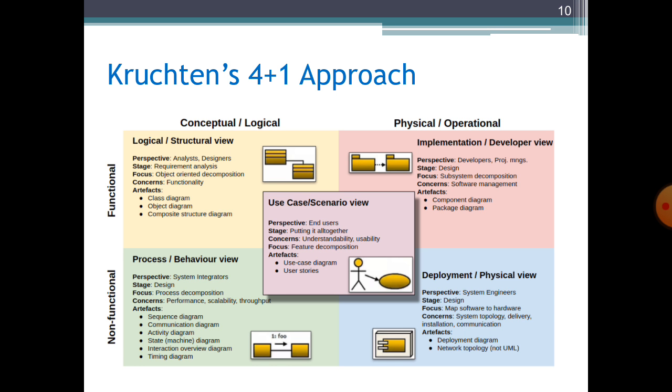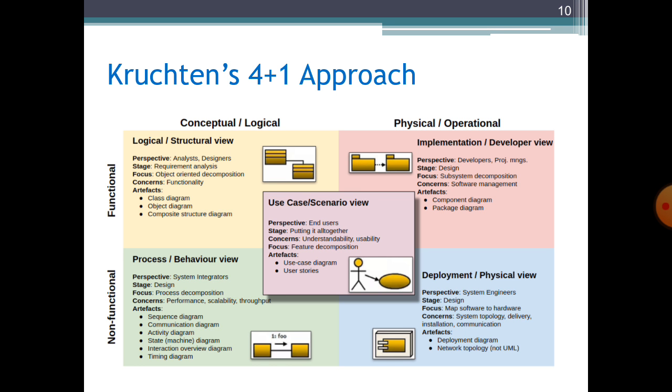It is also addressed in the design stage, and our main focus is subsystem decomposition. Our primary concern in this view is software management as well. The architectural diagrams or artifacts for this view are the component diagram and the package diagram. And the last view is the deployment or physical view.